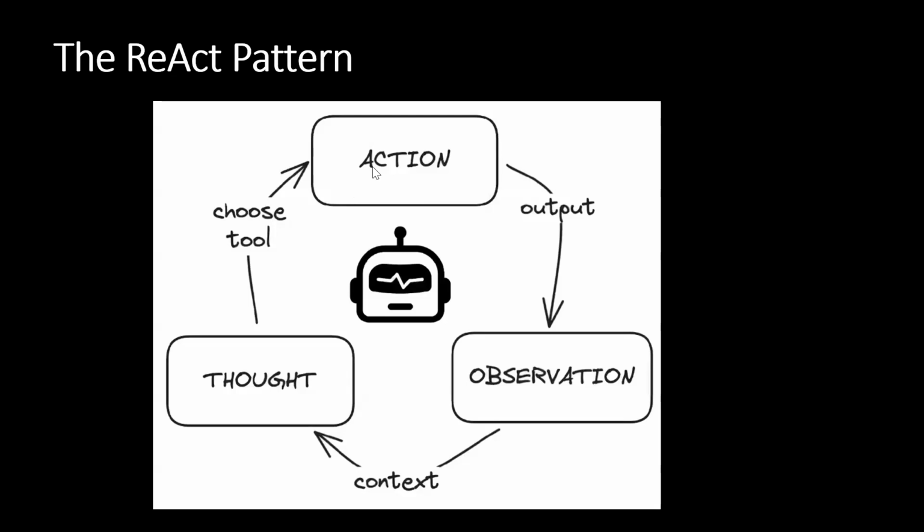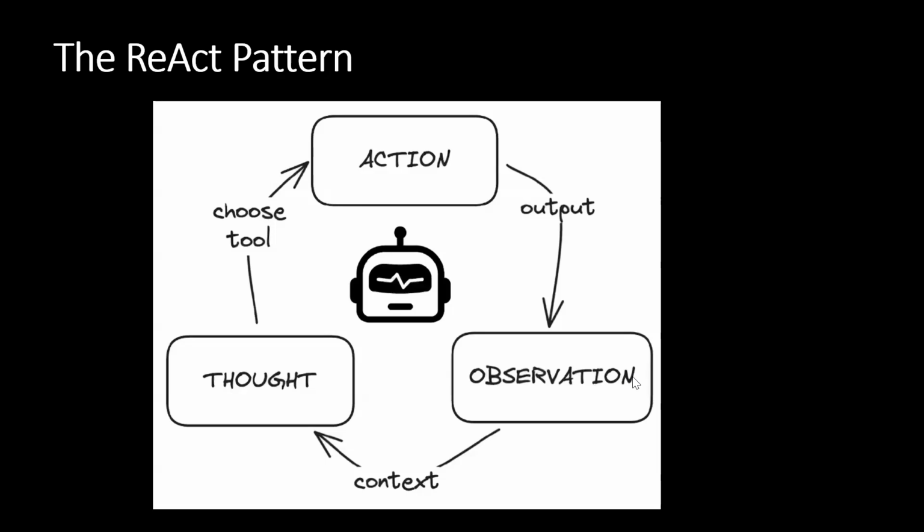First of all, it will tell us what is the right way to achieve that particular goal. Whatever question we have asked, it will think through, it will reason, and then it will tell us, okay, this is the tool which we should use in order to accomplish or to answer the question. Once we execute that particular action or tool, what will happen? It will give us some output which is called the observation.